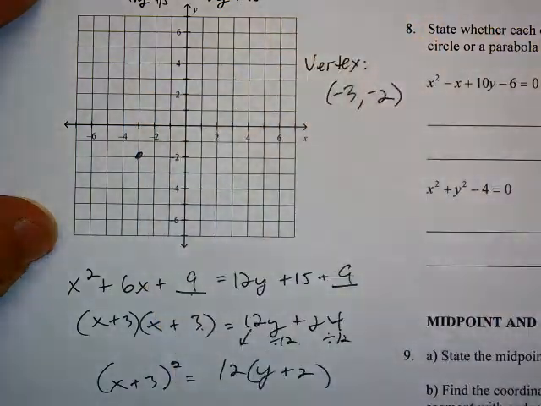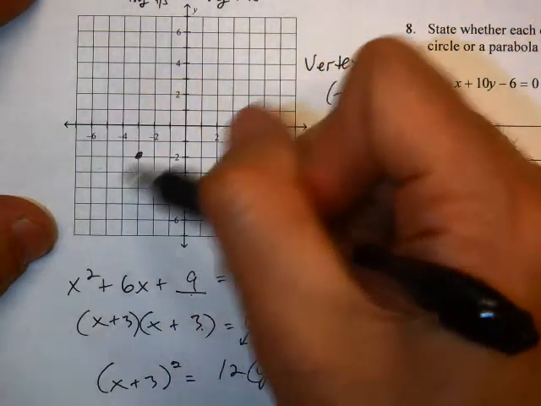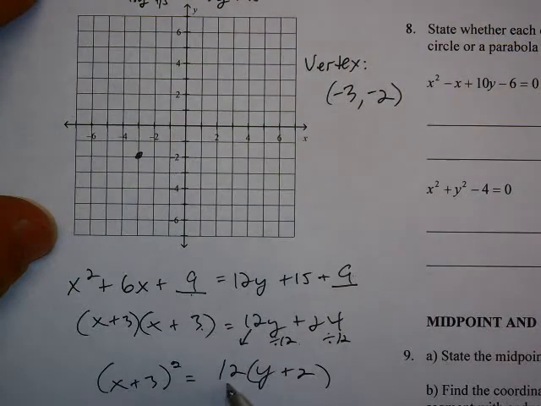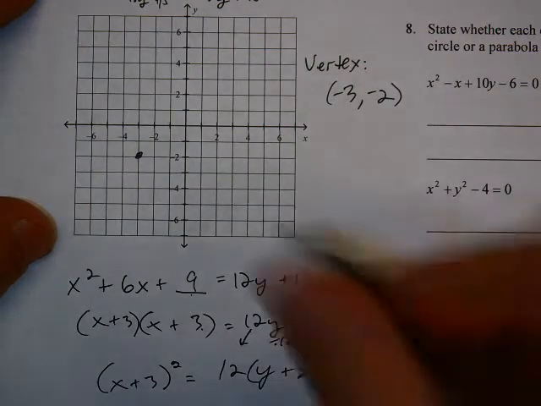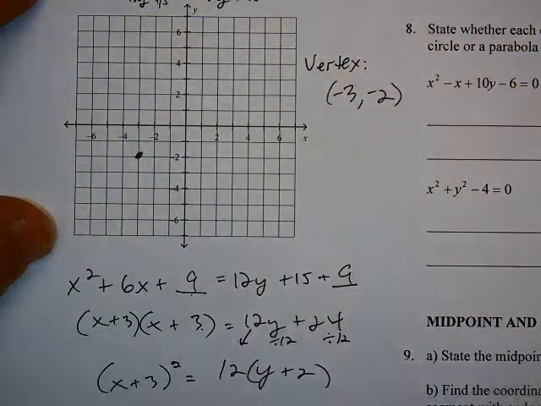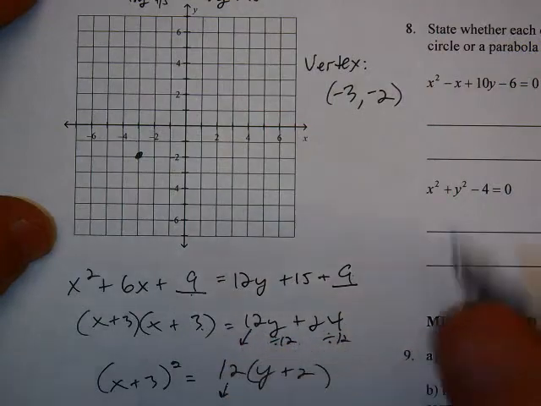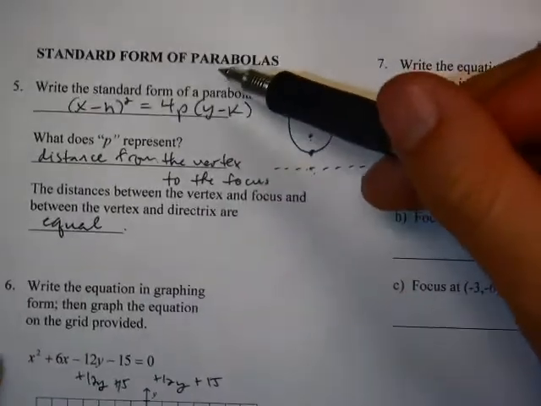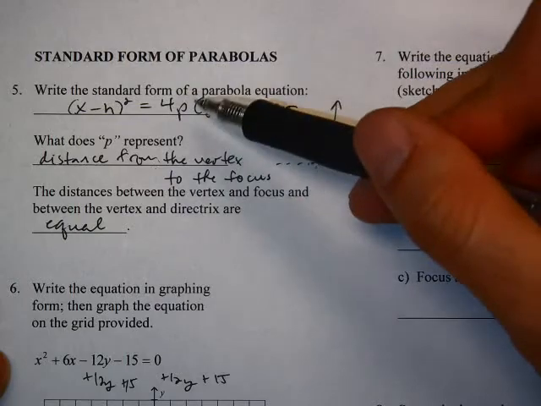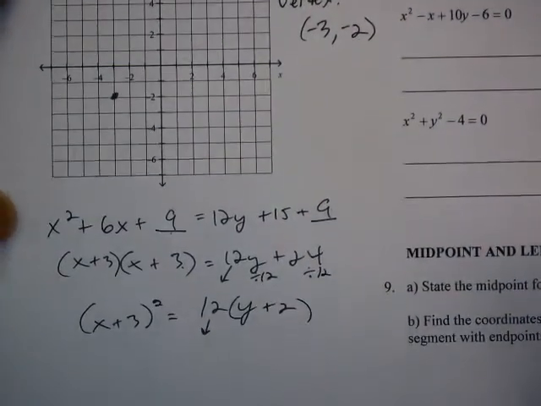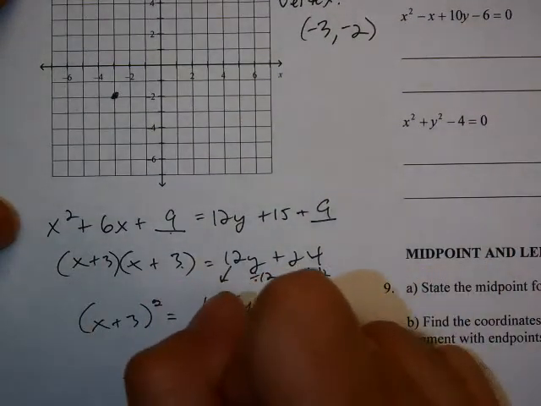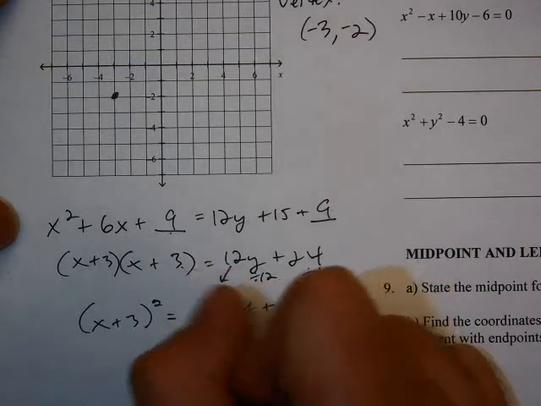There's our vertex. A parabola's got to go either up from there or down. Since it's positive 12 in front, that means this parabola is going to open upwards. Now this 12 is matching up with 4p here, so it's a multiple of 4. And by the way, if you don't get a multiple of 4 here, that means you made a mistake somewhere.